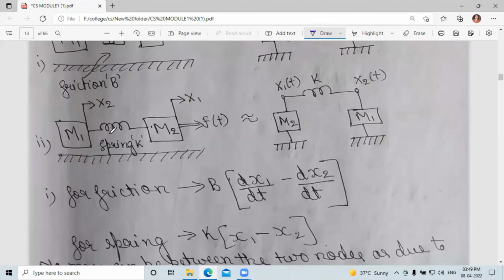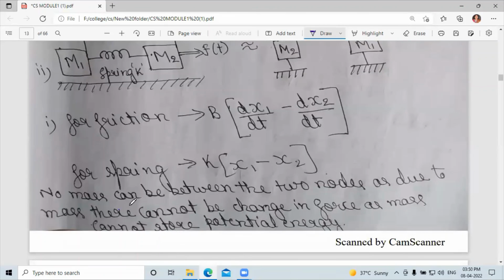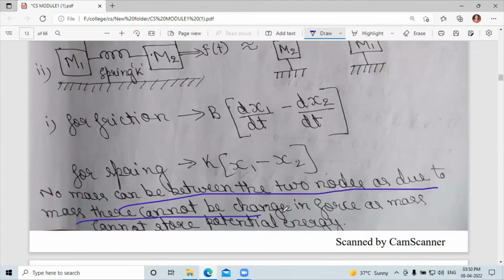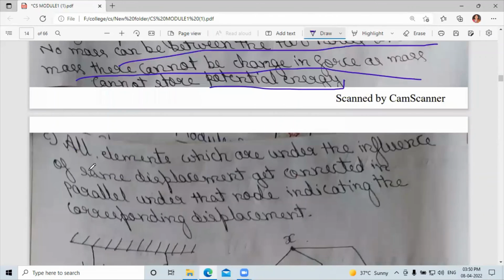Next, for the spring K between x1 and x2, the equation is K times (x1 minus x2). No mass can be between the two nodes, as a mass cannot produce a change in force, because mass cannot store potential energy.